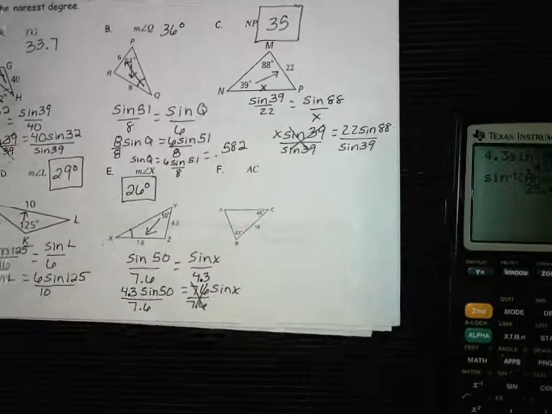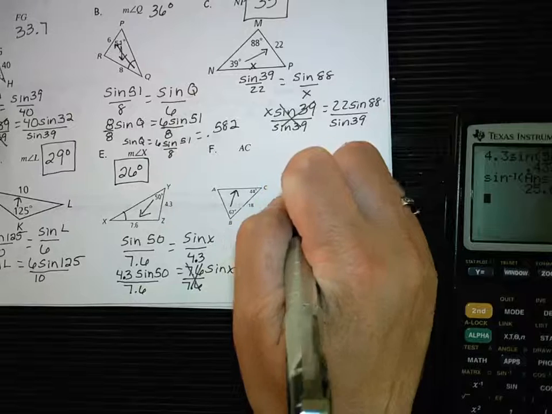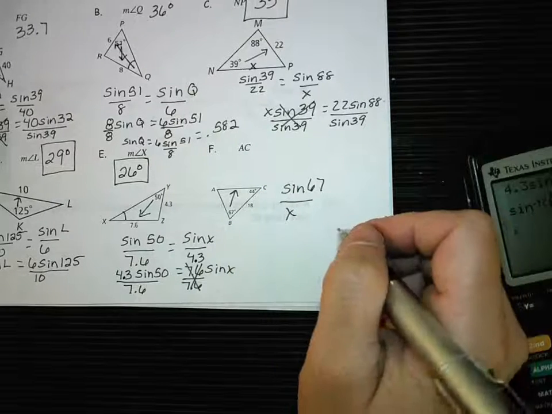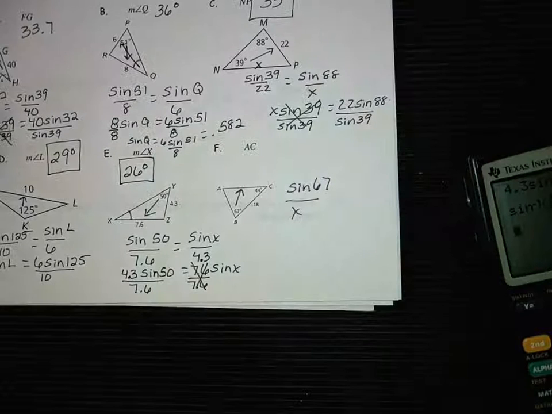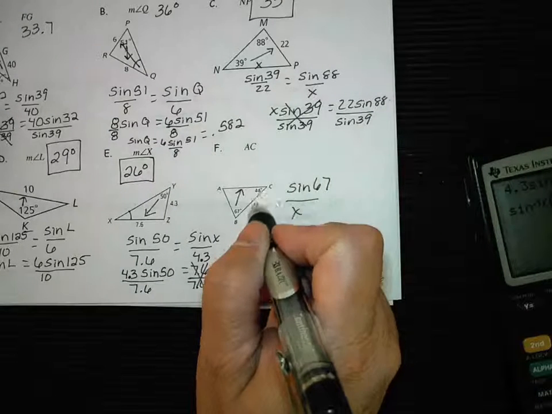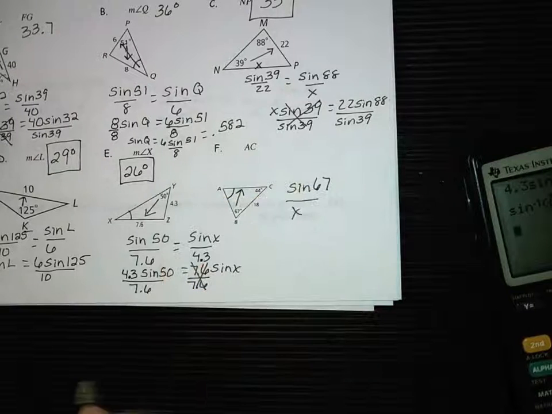And the last one, trying to figure out AC, we will have sine of 67 over x. Oh, this one we don't have sine of 67 over x. This angle and this side are not across from each other, so we need to figure out what angle A is.